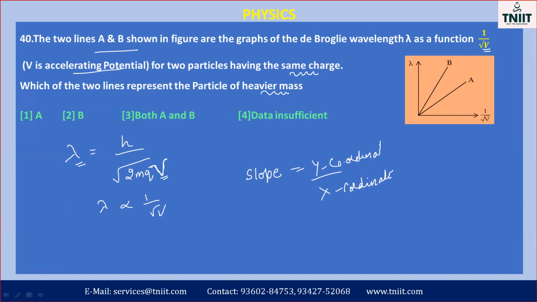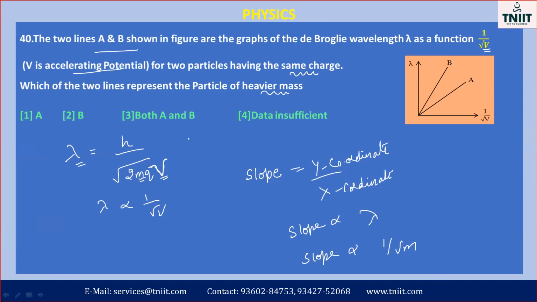Now, slope is directly proportional to y coordinate. Y coordinate is lambda, and lambda is inversely proportional to mass. So you can tell slope is inversely proportional to root mass. So for lesser mass, slope will be more.